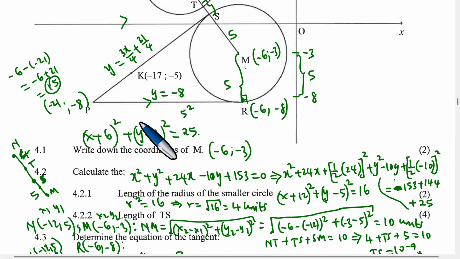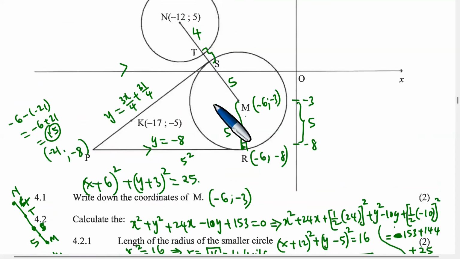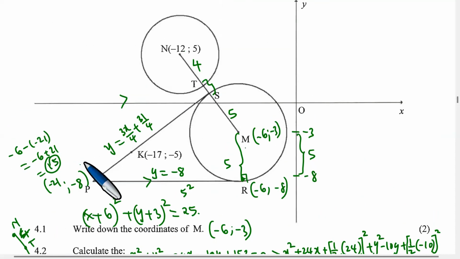But this tangent must be equal to this tangent. So we have that PR must be equal to PS, must be equal to 15 units.